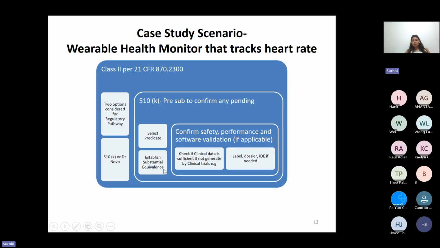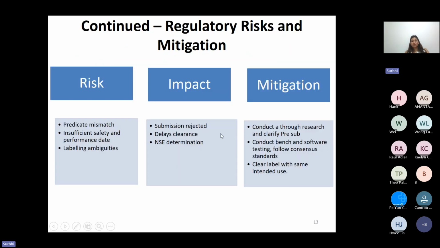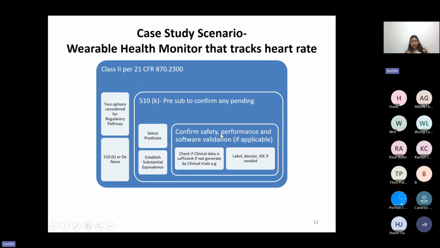To establish this equivalence, I need to show my safety and performance data, and also generate any clinical data that is missing via clinical trials or feasibility study, pivotal or pilot, whichever phase any manufacturer is in.